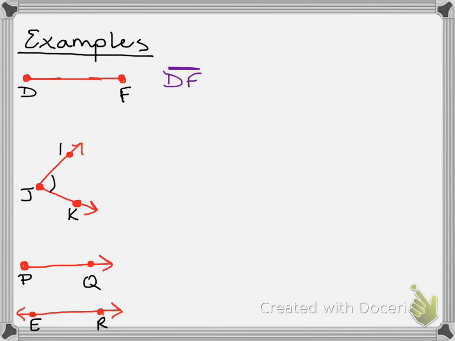Okay, the next one. What do I have drawn there? That is an angle. So then what's the symbol for an angle? It kind of looks like a less than sign. So there's angle. But then how do I label my angle? There's 3 ways, remember. You could call this angle IJK.